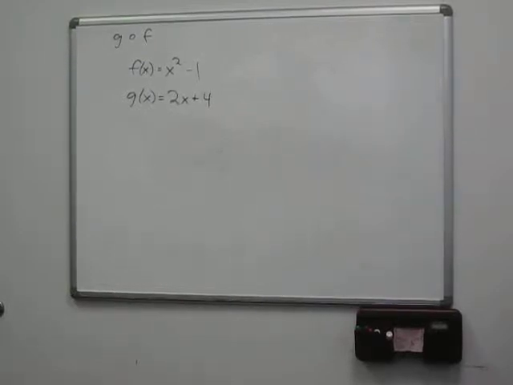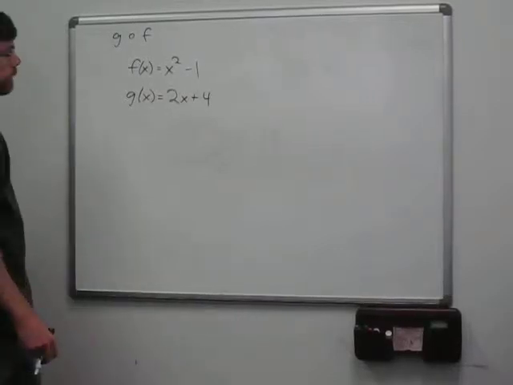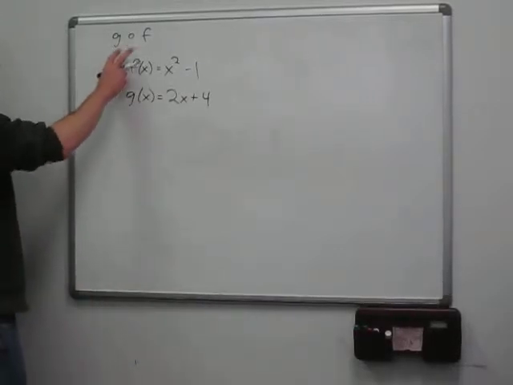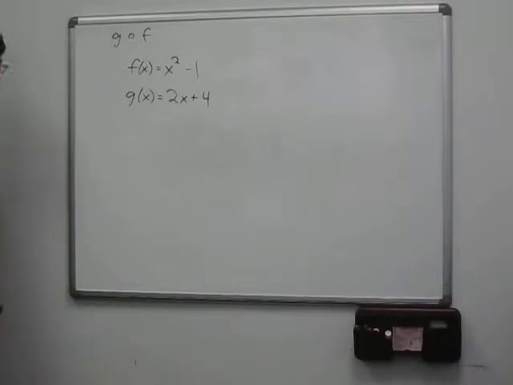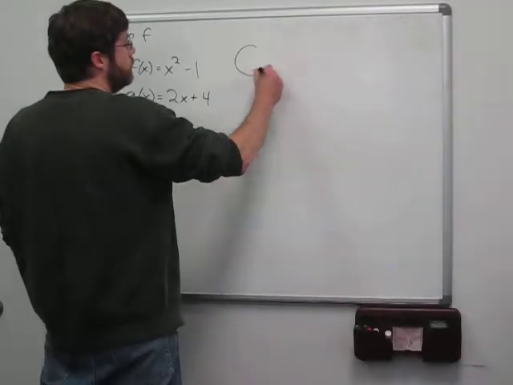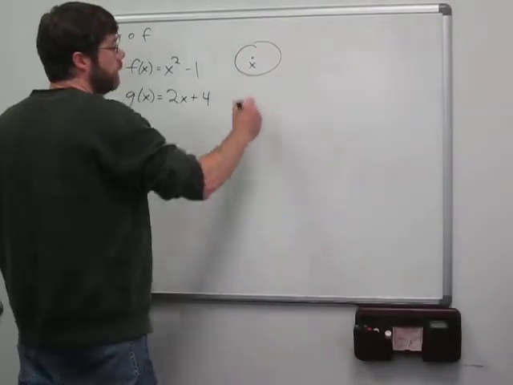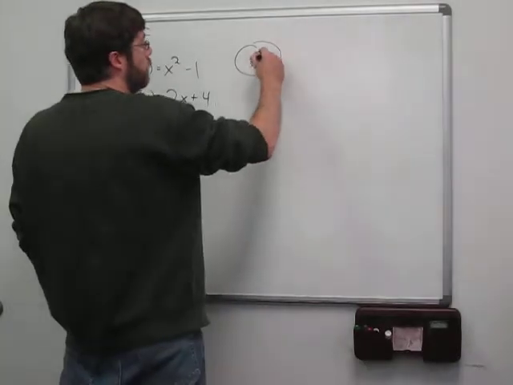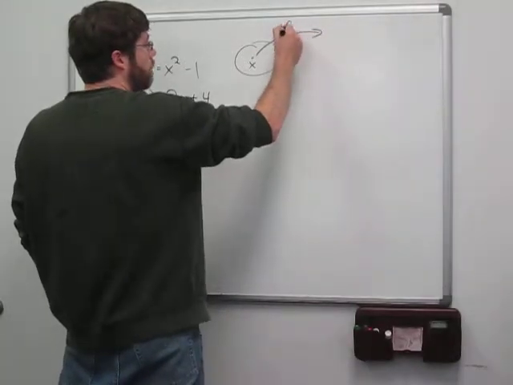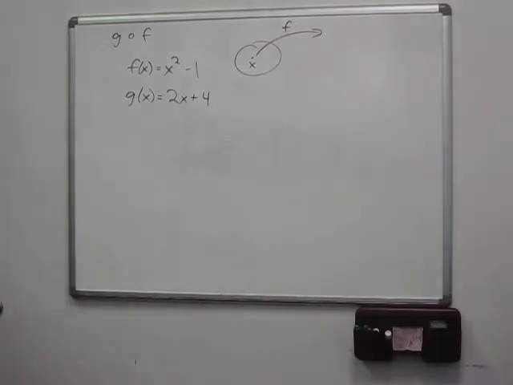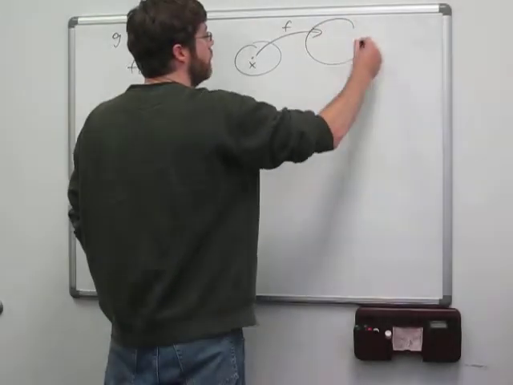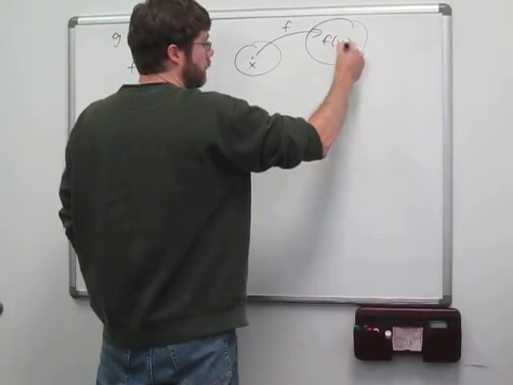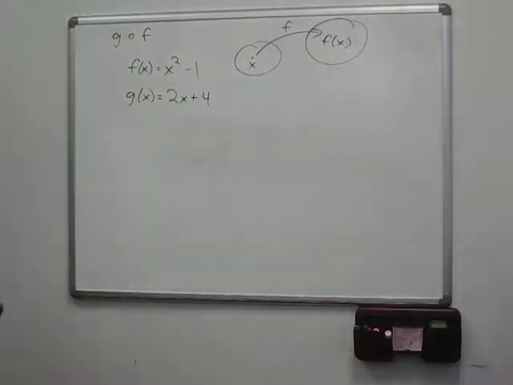In this video, we want to introduce the idea of combining two functions to form a new function by composition. When we compose two functions, we start with some real value input, and we apply one function, f, to that input to obtain some result f of x.